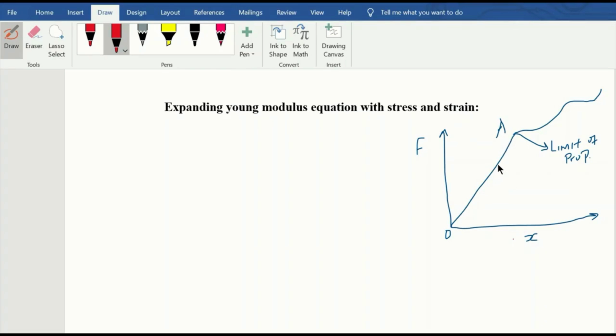I can take it from this point, down to the x-axis, and across to the y-axis. Now, gradient is rise over run, the change in the y-axis, which is the force in this case, over the change in the x-axis, which is the extension.